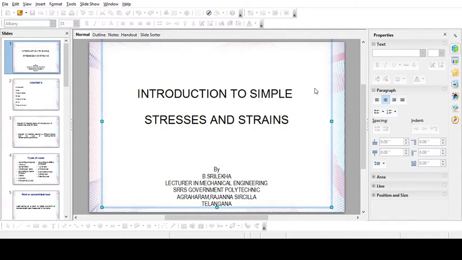Thereafter, we are going to calculate n number of problems for all these conditions, all these types of stresses and strains.